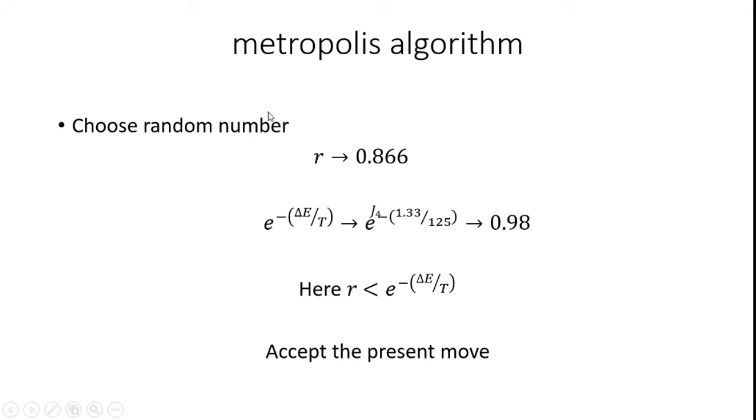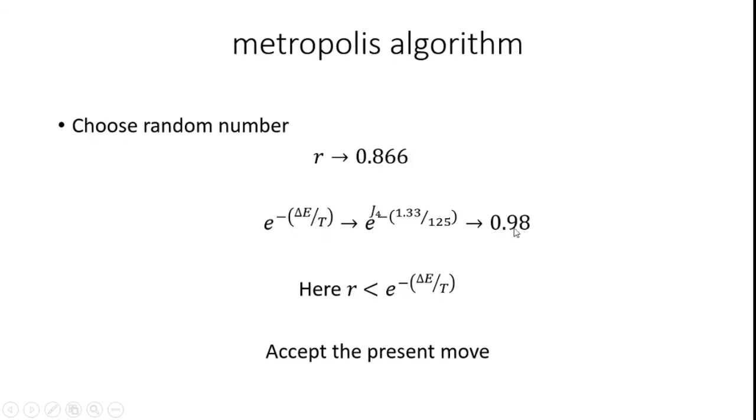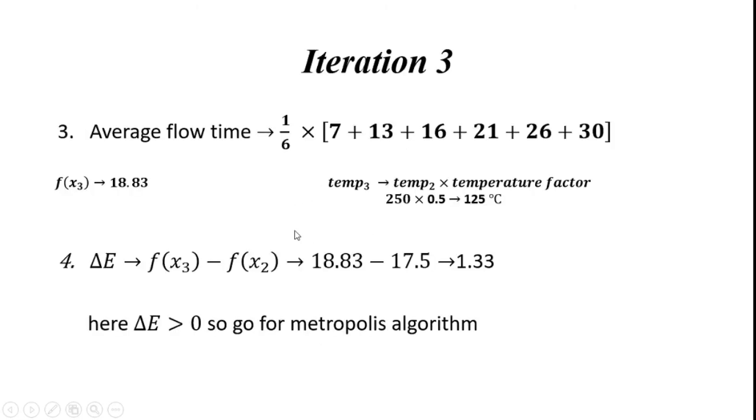For solving the problem with the Metropolis algorithm, I initially generate a random number lying between 0 and 1. According to this problem I got 0.866. Again I substitute the values in the Metropolis algorithm equation, which is e power minus delta E by t. Delta E from iteration 3 is 1.33, and the temperature I considered is 125 degrees Celsius.